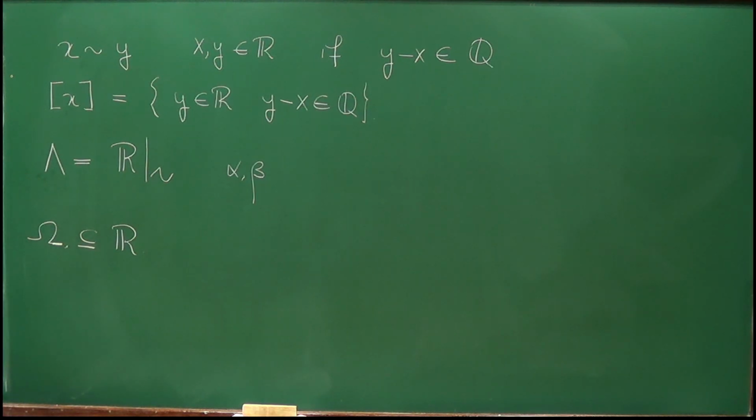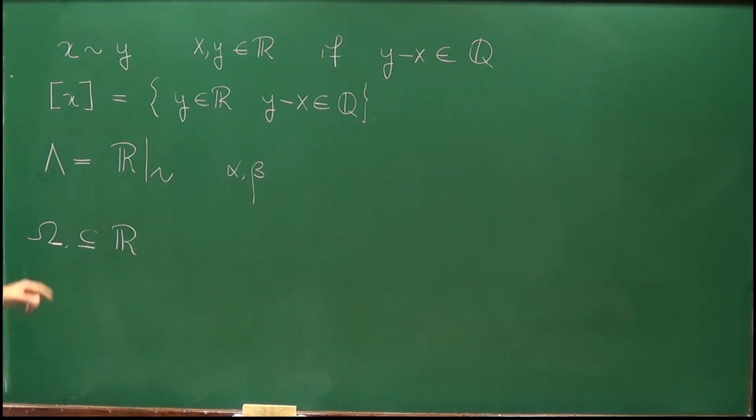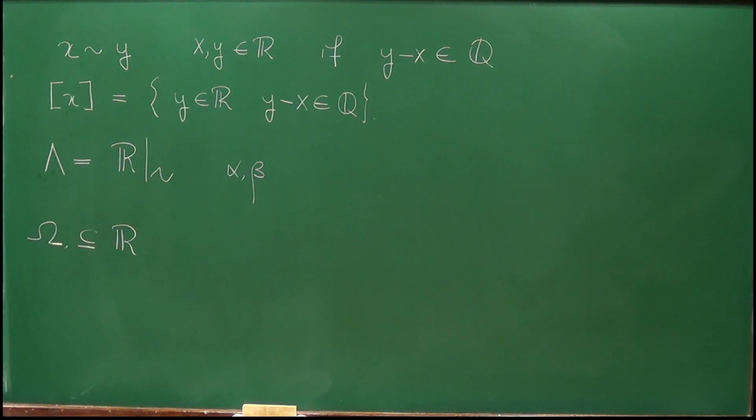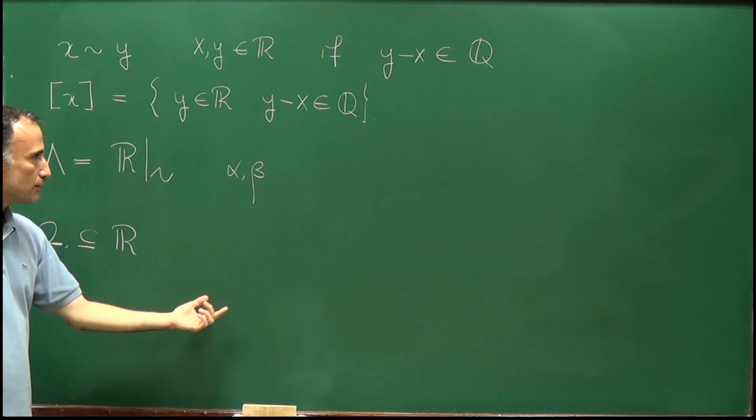So let me explain it again. Lambda is a set of equivalence classes. So each point alpha of lambda represents an equivalence class. It's a set. So for each point alpha of lambda, alpha is an equivalence class, so it's a countable set.